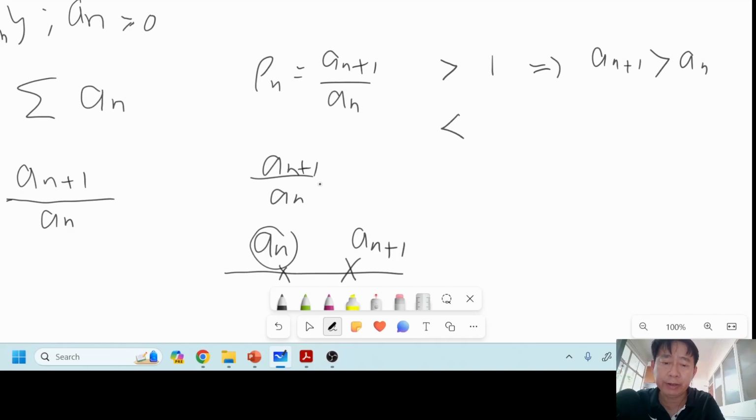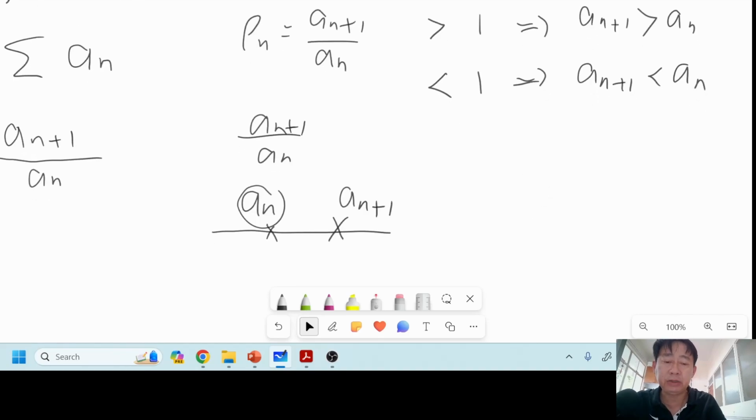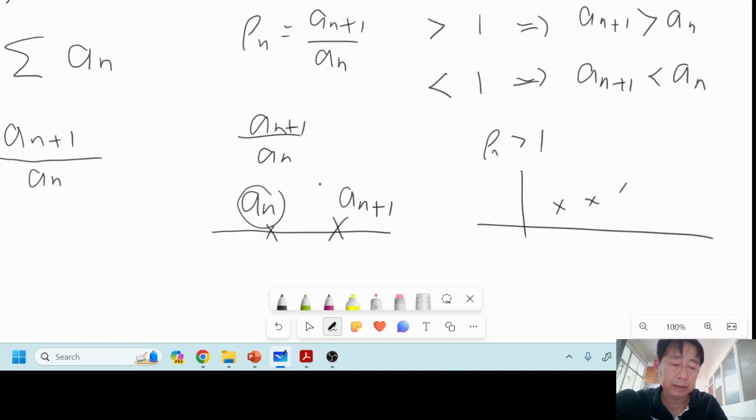In the case where the ratio is less than 1, then a_(n+1) is smaller than a_n. So for the case where rho is larger than 1, the next term is always larger than the term before it. The size of the term here is larger than the size of the term before it.